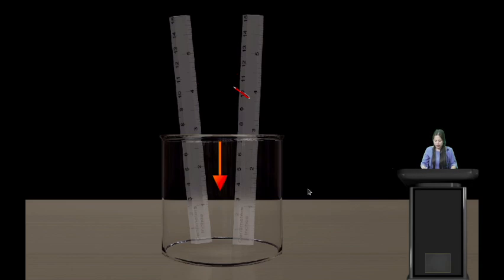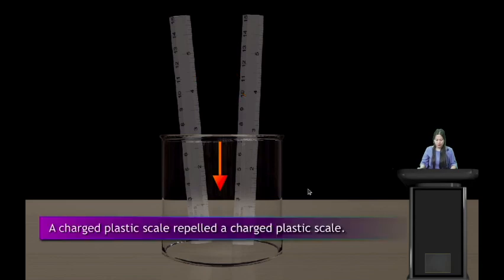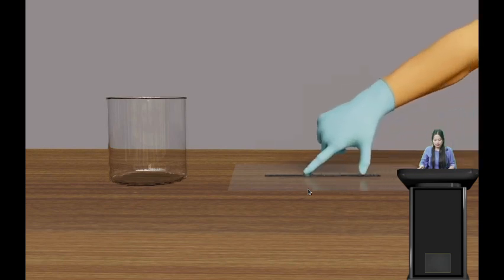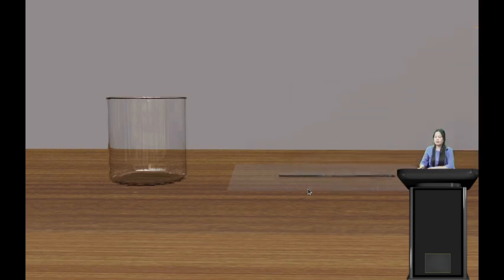So they are also repelling each other. A charged plastic scale repelled a charged plastic scale. So two plastic scales are charged, and now they are repelling each other, moving away from each other. Let us take another example. Take one plastic scale, rub it on a polythene sheet, and place it in a beaker.